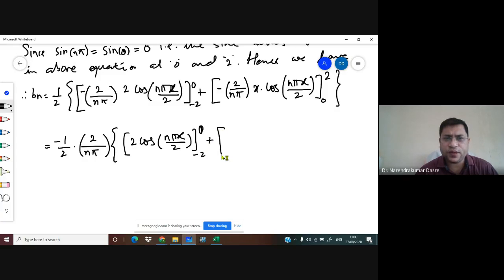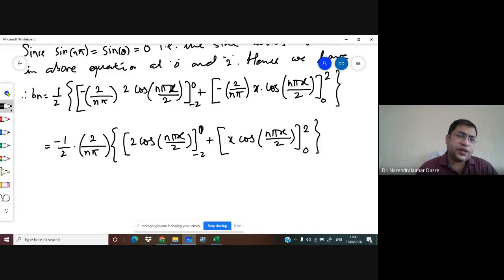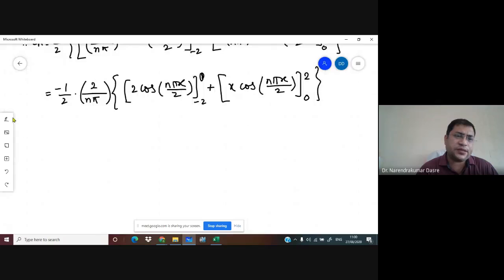And here we have plus x cos of n pi x by 2, and the limit is 0 to 2. Please be careful for using the limits. Don't be in a hurry. Write down the proper limits. So this 2 and this 2 will get cancelled. We'll have 1 upon n pi.